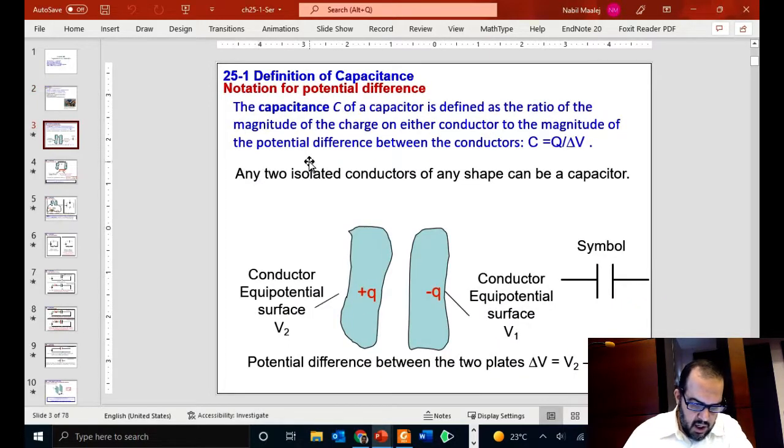The definition of capacitance: the capacitance C of a capacitor is defined as the ratio of the magnitude of the charge on either conductor to the magnitude of the potential difference between the conductors.